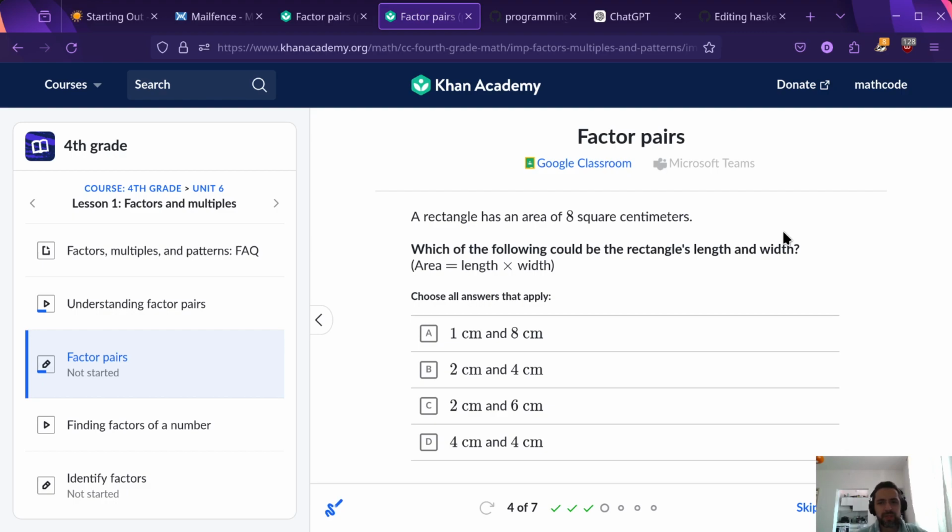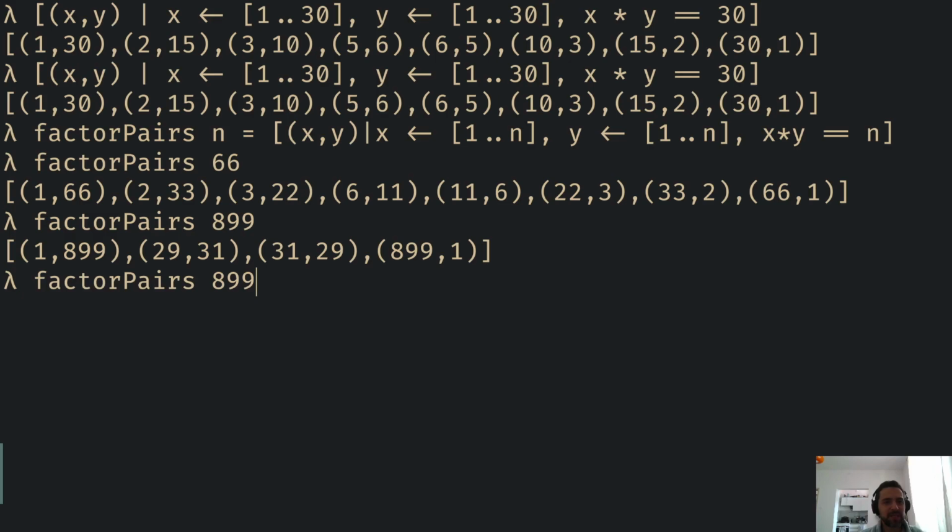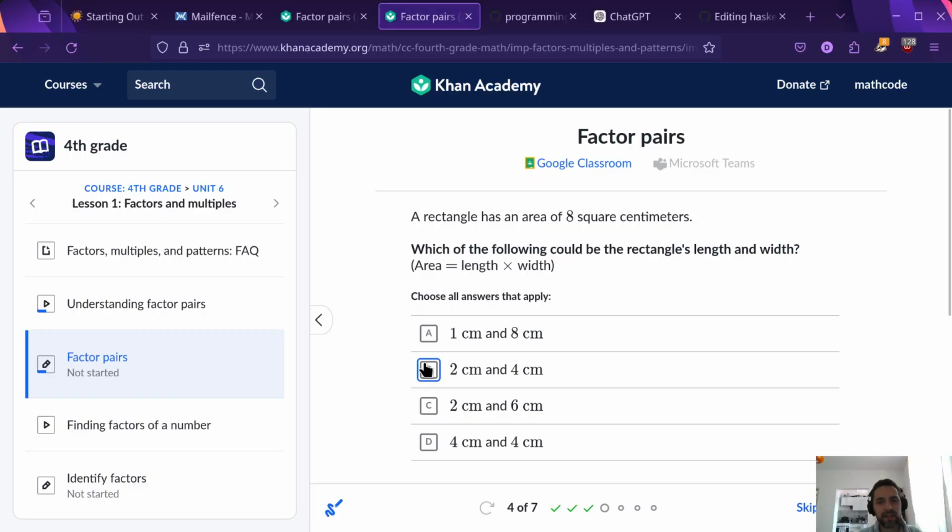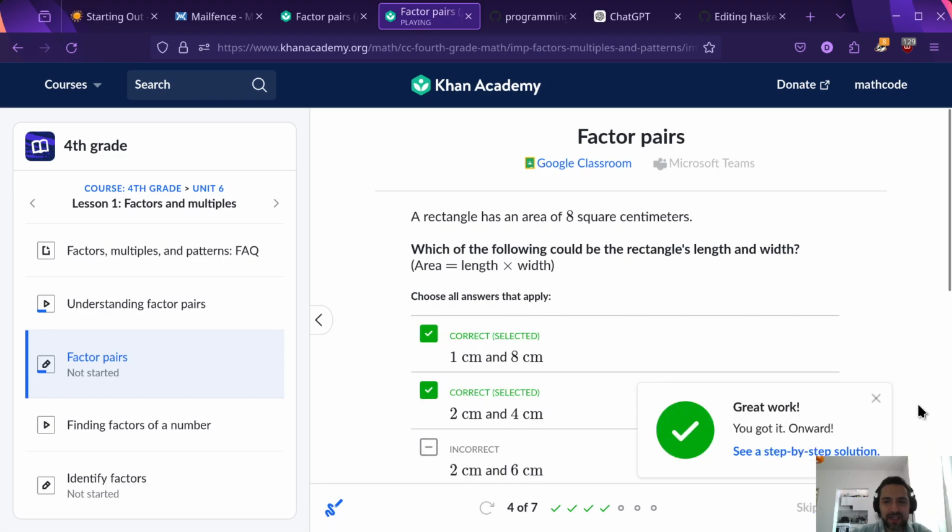So that's basically factor pairs 8. It's 1 and 8, 2 and 4, 4 and 2, and 8 and 1. We don't have anything else, but here it's with area as length times width. So the checking. Yeah.